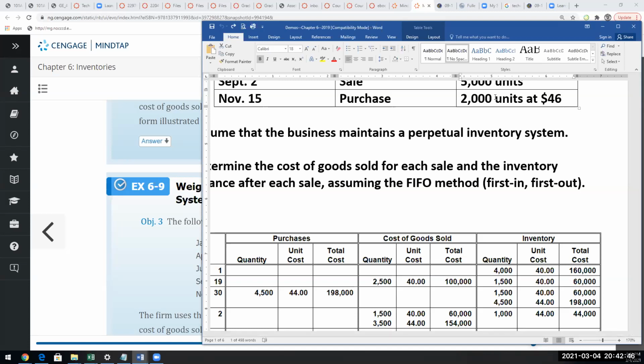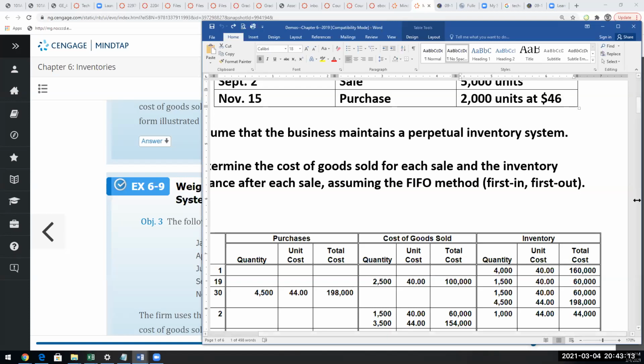That's every time, whether you're FIFO, LIFO, or average cost, we are each time going to have 3,000 items left over. The question is, which pile are they coming from? The $40 pile, the $44 pile, or the $46 pile? And so the question is answered, well, it depends if you're using FIFO or LIFO or average cost.